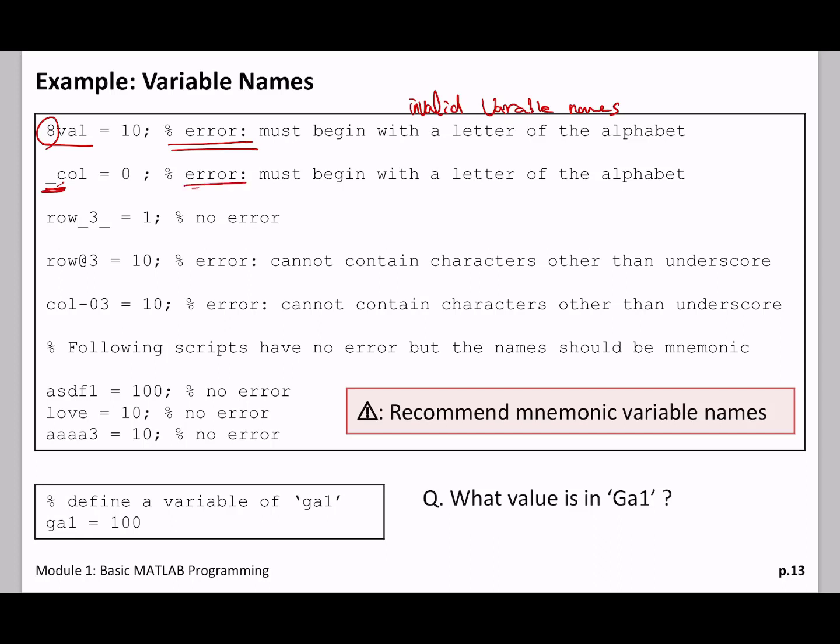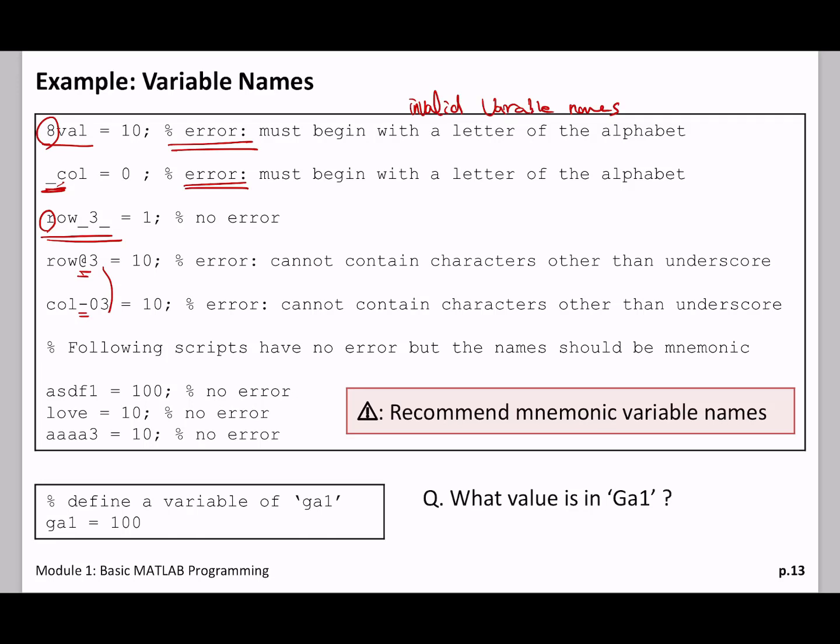There's an error. This is fine, right? It starts with a letter, and only the underscore is used. But these contain the at symbol. This symbol is not allowed in a variable name other than the underscore.